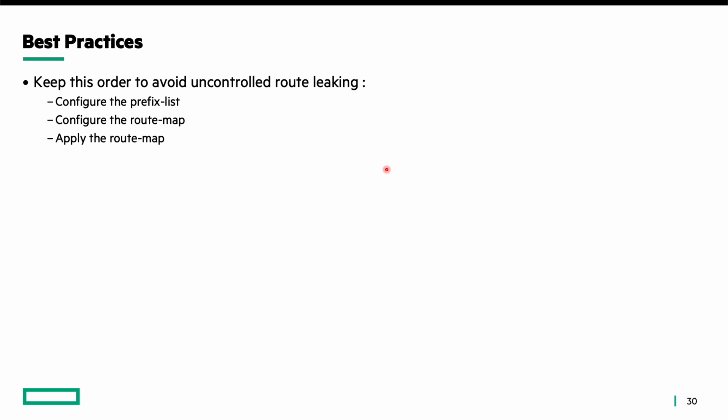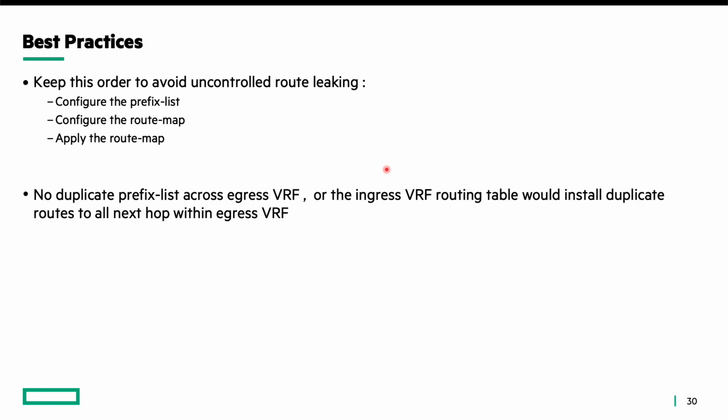What about the best practice with this feature? First, when you configure it, let's keep the order: first configure the prefix list, the route map, and then apply the route map to the VRF. No duplicate prefix list across the egress VRF.